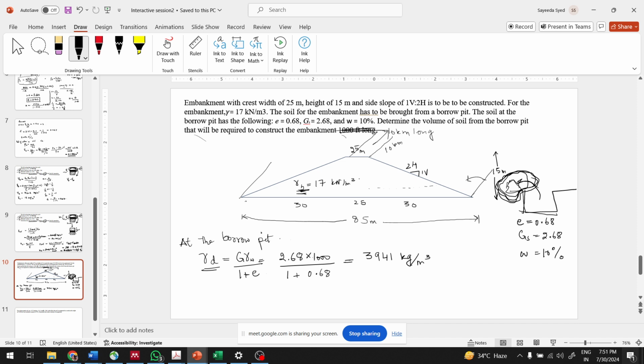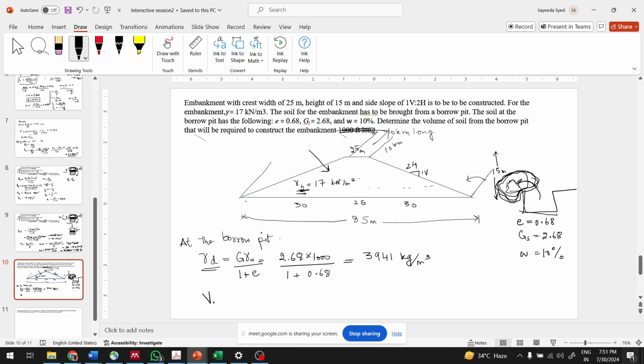Second thing that we want to know is the total volume of the embankment. Like, what is the volume of the soil that you will be putting here?